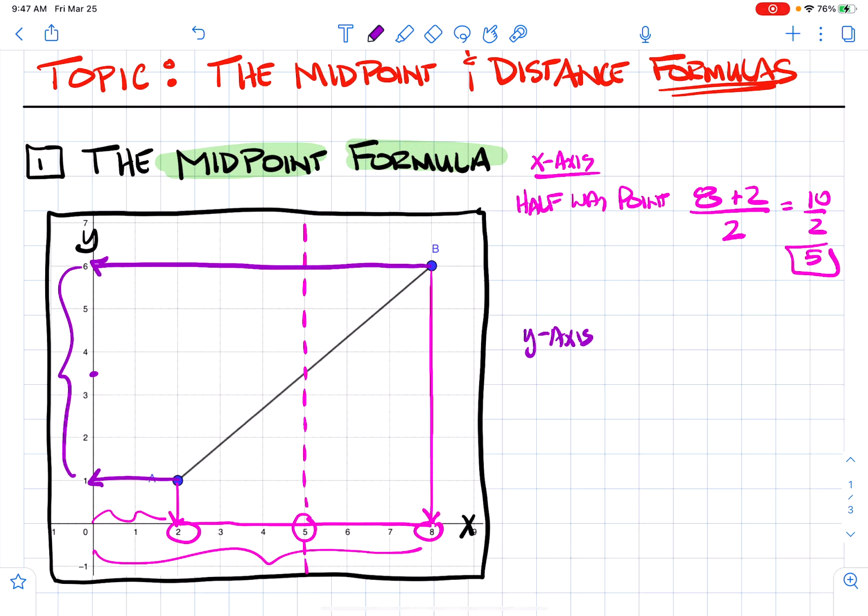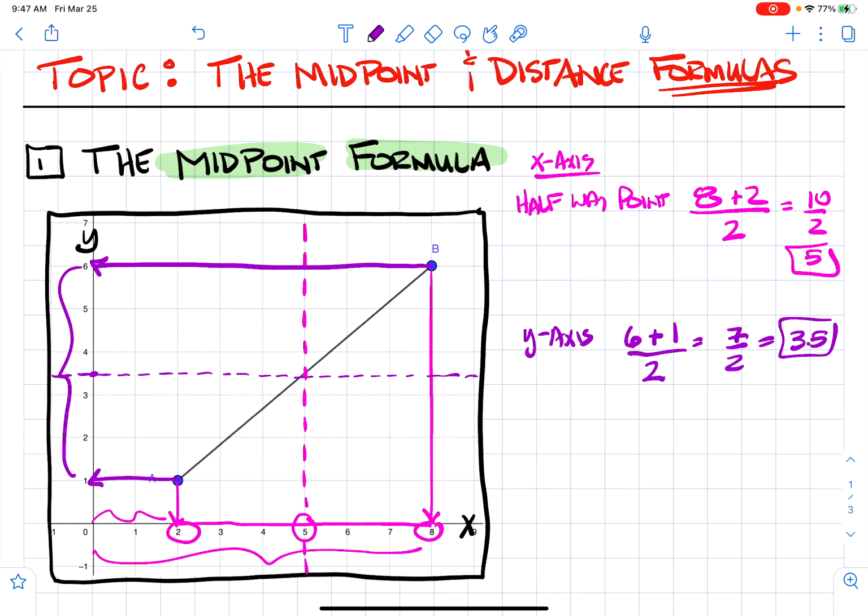So it would be somewhere here. I'm going to draw the line right there, and draw a horizontal line where it extends out. So how do I get 3.5? Well, I take my first distance of 6, my second distance of 1, and then divide it by 2. So 7 over 2 gives me 3.5. So 3.5 is the location where I'm halfway between 1 and 6.